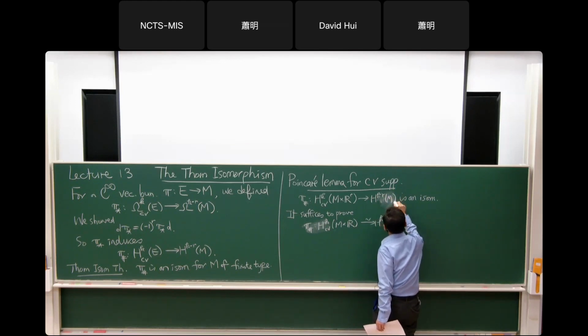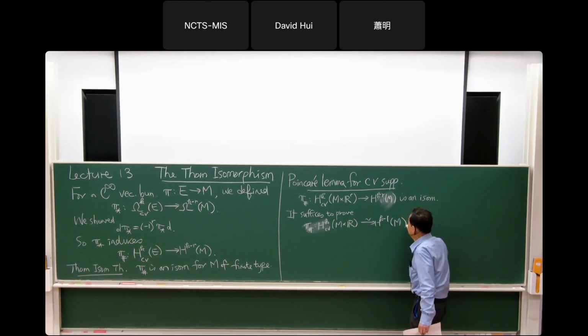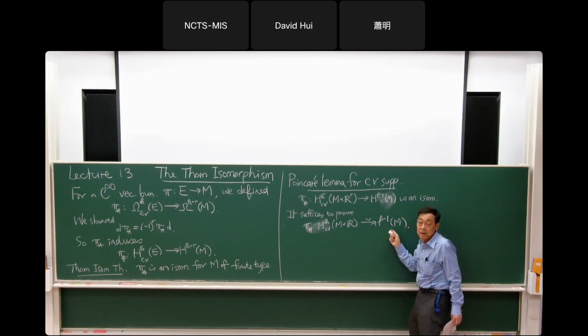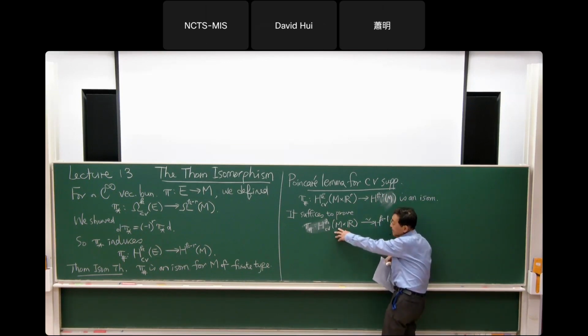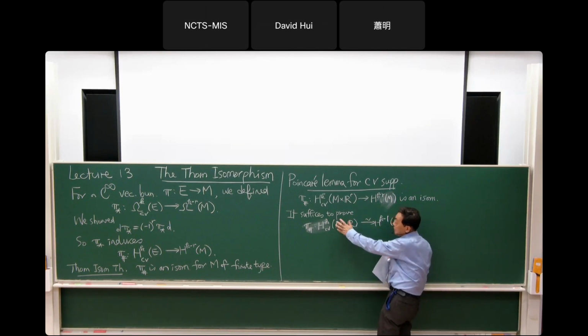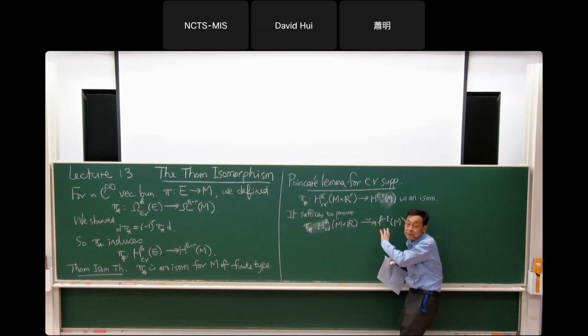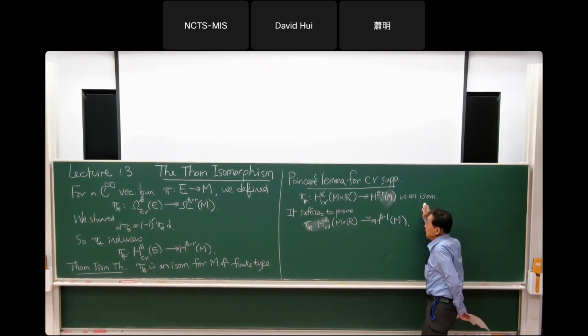Minus r. Okay, and then we just have to subtract. It's enough to prove this because then you can substitute in M cross R for M, then you will have M cross R squared. And then if you put in M cross R squared, you'll have M cross R cubed. So we just need to prove it for M cross R.